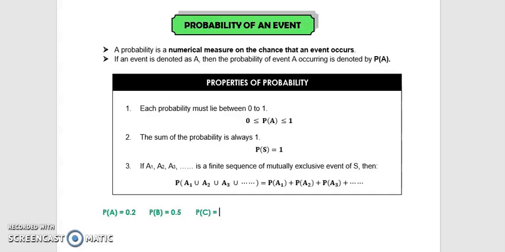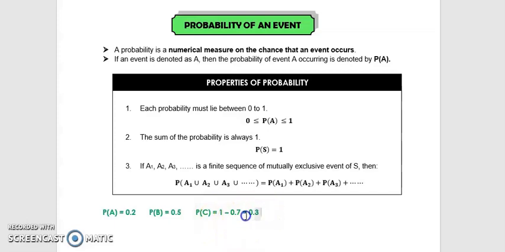We know that total probability is always equal to 1, so total probability of all events. So 0.2 plus 0.5 is 0.7. So probability of C will be equivalent to 1 minus 0.7, which is 0.3. So total probability must be equal to 1.